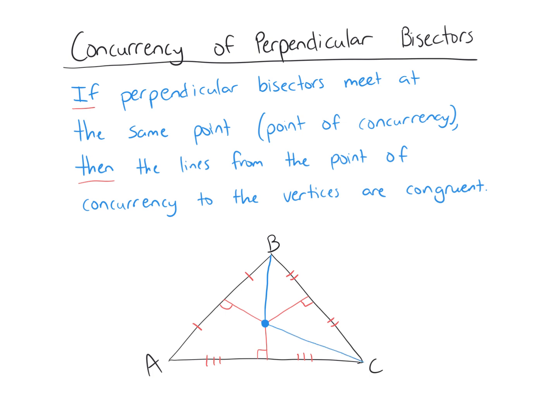So these lines from this theorem are said to be congruent to each other. So again, if perpendicular bisectors meet at the same point, which they do, then the lines from the point of concurrency to the vertices are congruent to each other.